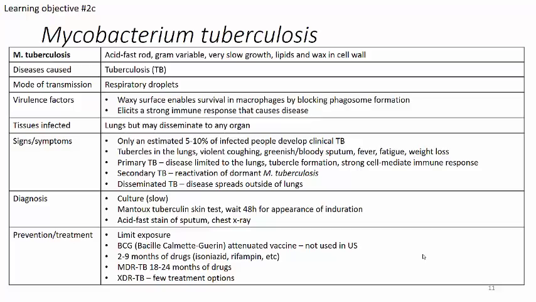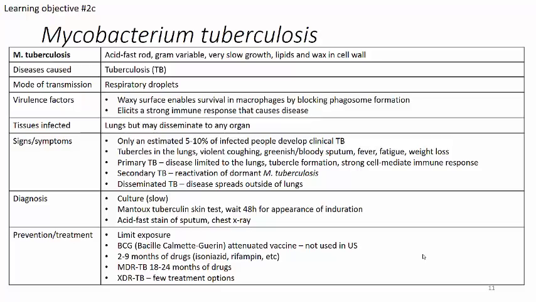In the interior of the pocket the macrophages can start dying, and this forms a hollow area that then heals in a calcification, so it becomes like a hard, bony part in the lungs, which makes lung functioning very difficult. There is violent coughing, greenish or bloody sputum, which is what you cough up if you have a really bad cough, fever, fatigue, and weight loss.